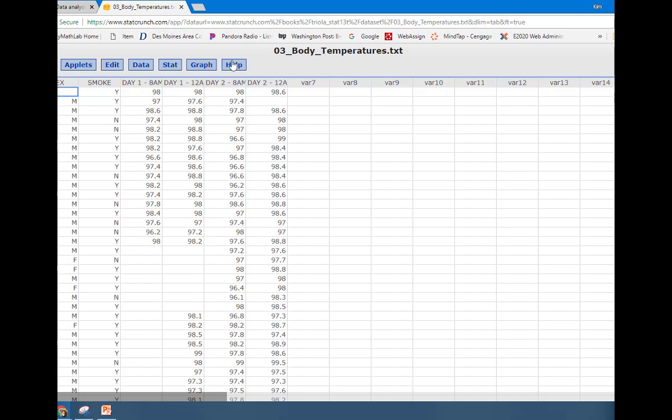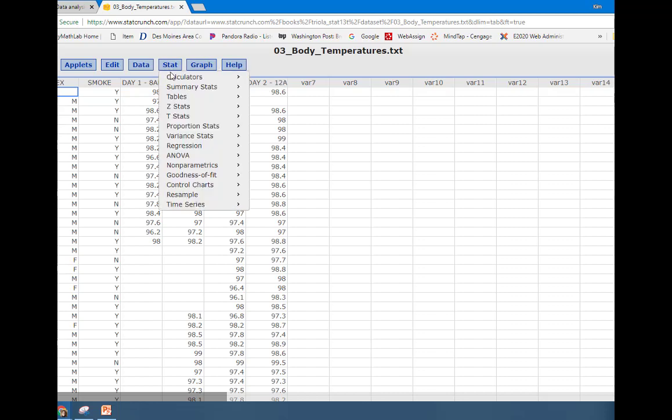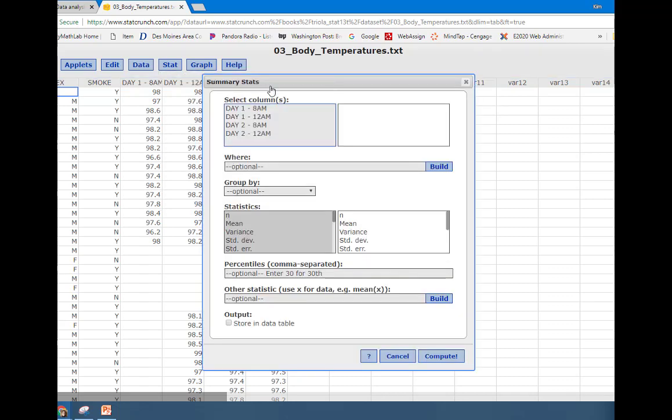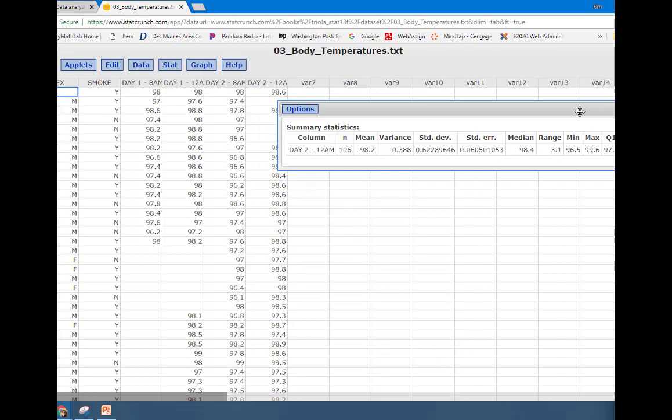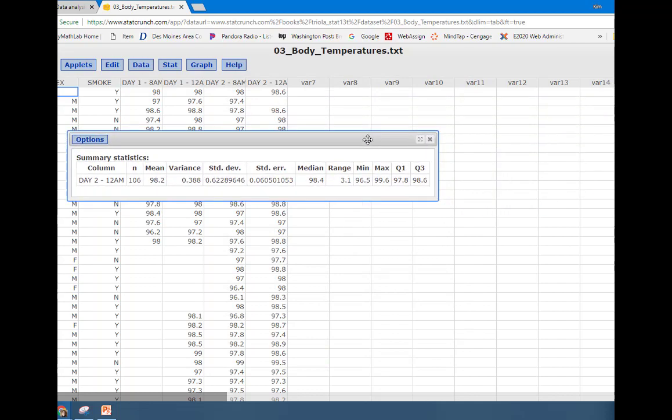So what I'm going to do is go to Stat, Summary Statistics, Columns, and I want to do the day 2, 12 a.m., and I want the range. And that's already in my set, so I'm going to do Compute. Let's pull it over so you can see it all. And you can see my range is 3.1.